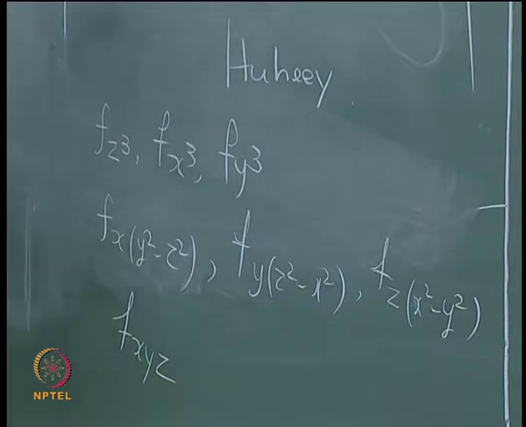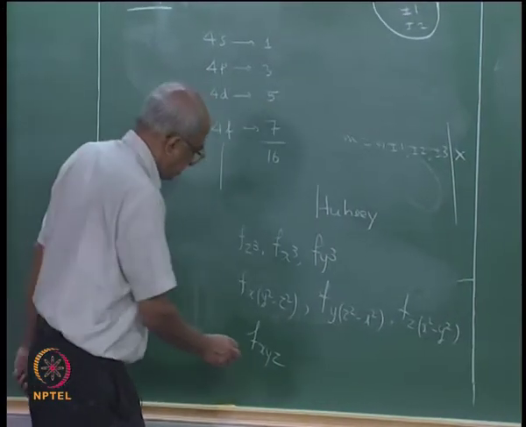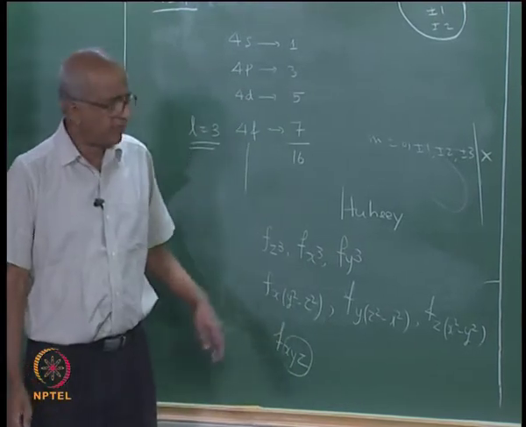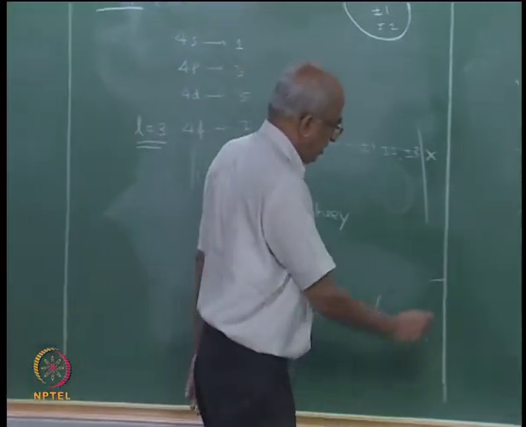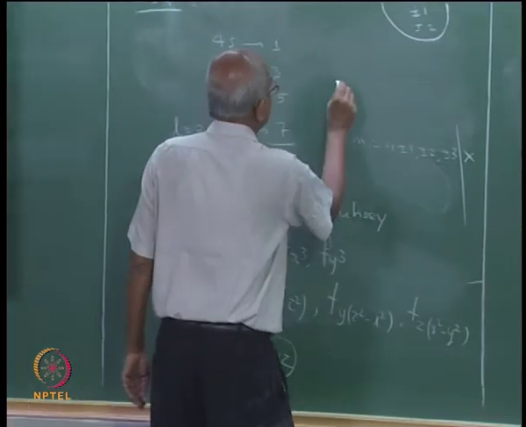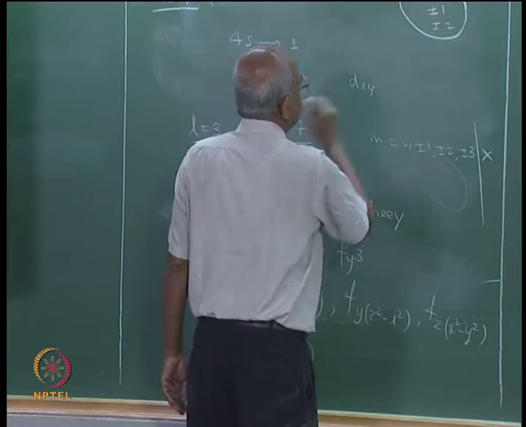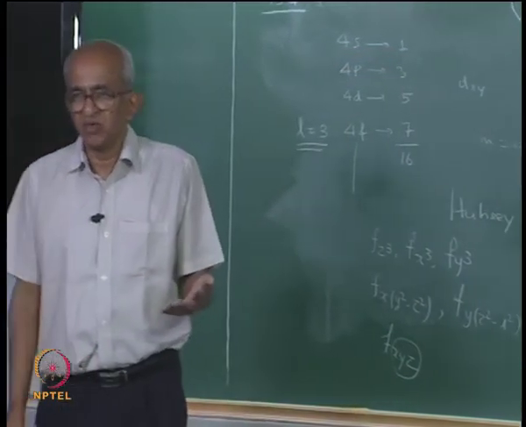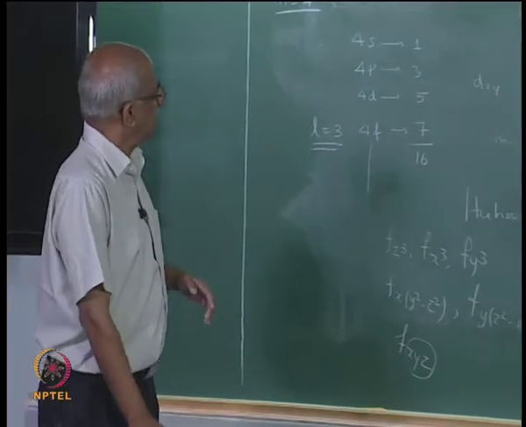But before I show it to you, you may ask, why do you use these symbols? For example, in the case of dxy, why do I write the orbital as dxy? That is a natural question that one would have. The answer is very simple.